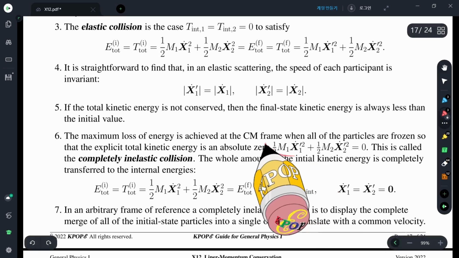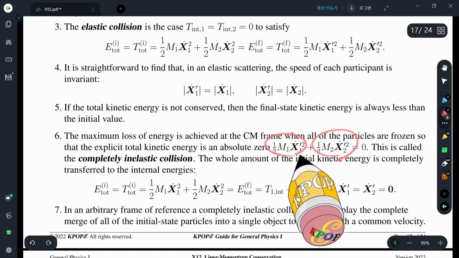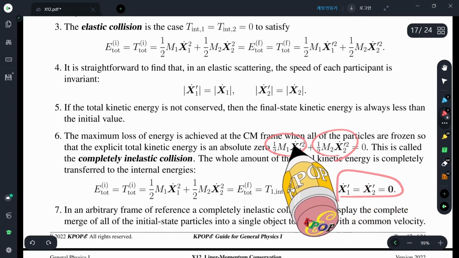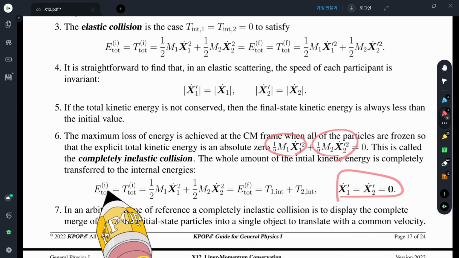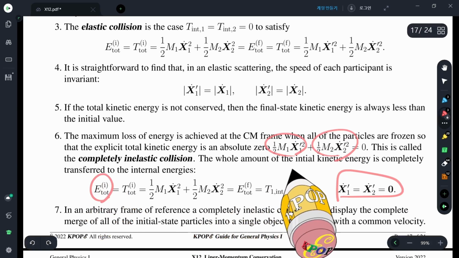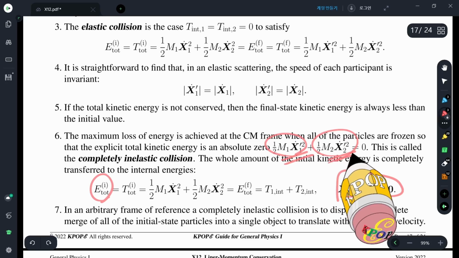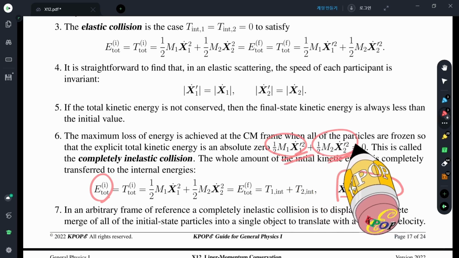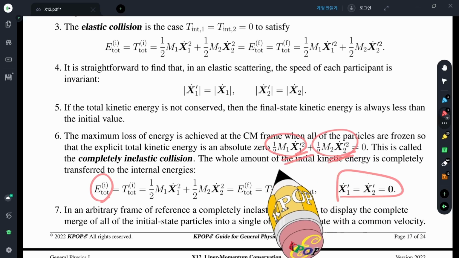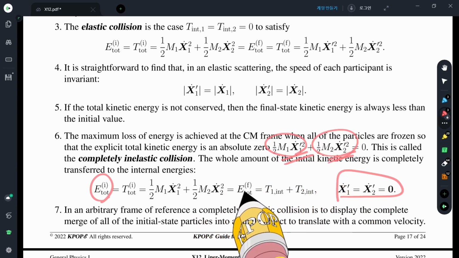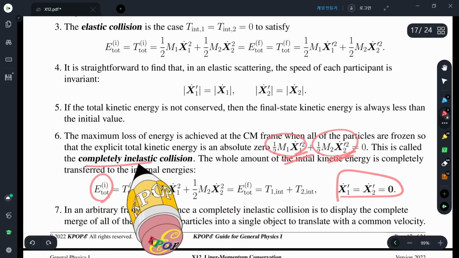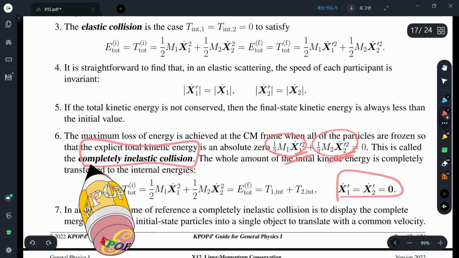Each particle does not move at all, so where is the initial energy? If we look at the explicit energy shown by the center of mass of each particle, the energy is completely lost. Therefore, we say it is a completely inelastic collision.